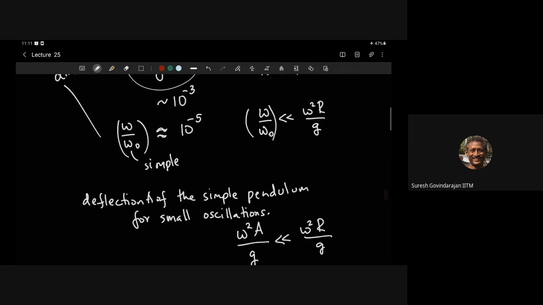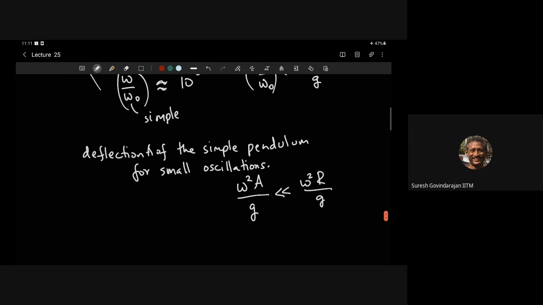Obviously this is much less, but a little thought will show you that this will be even smaller than that. So there's a hierarchy.